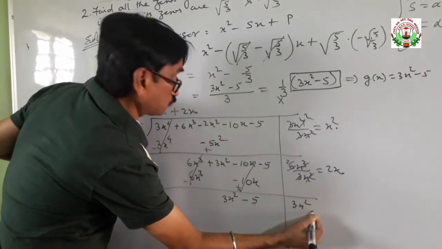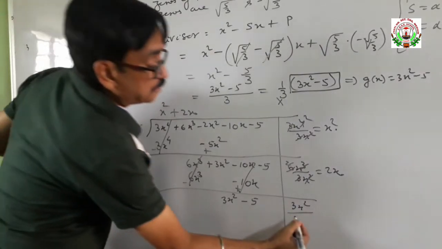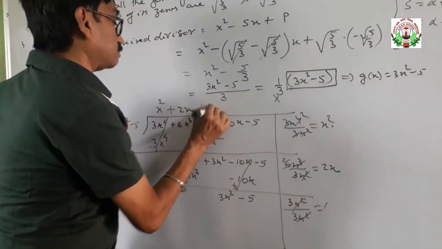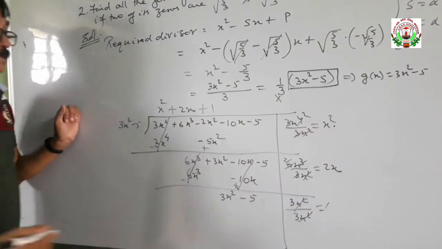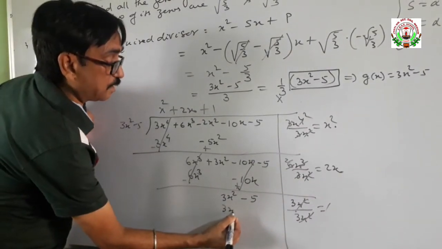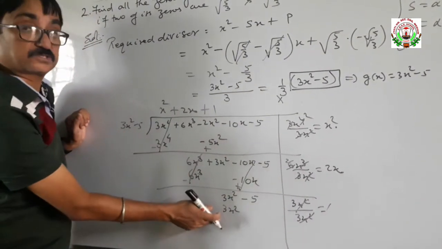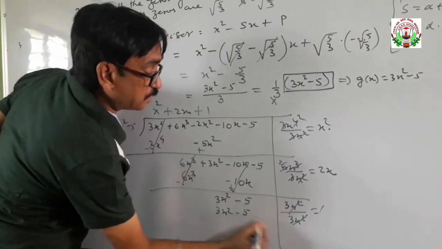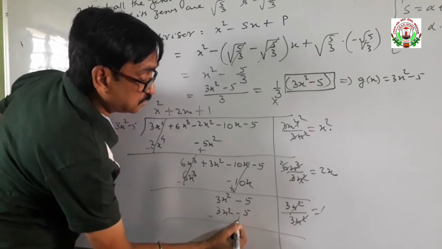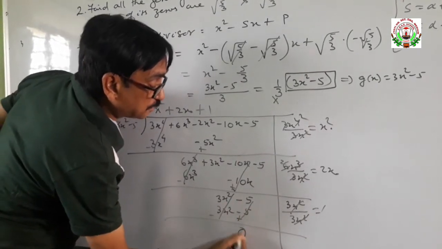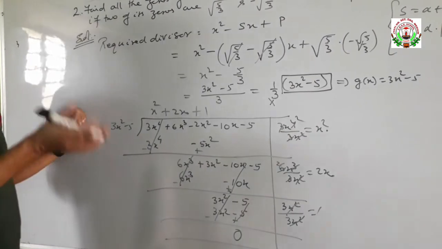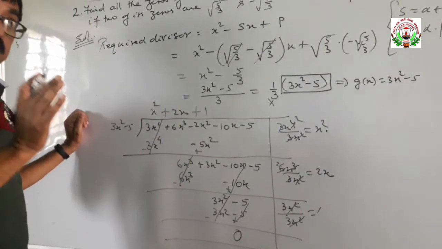Now 3x square divided by 3x square will give you 1, so here comes plus 1. 3x square into 1 is 3x square, and 1 into minus 5 is minus 5. So change the sign, and again the remainder will be 0. In each and every case, in such problems, the remainder will always be 0.